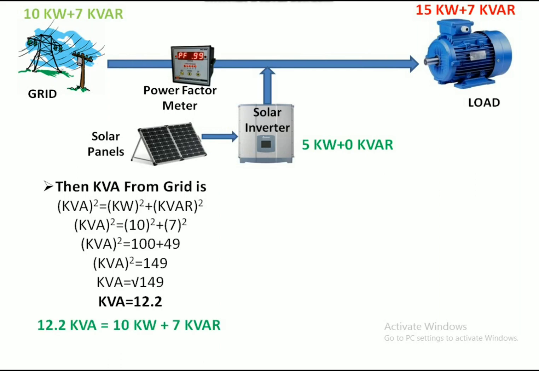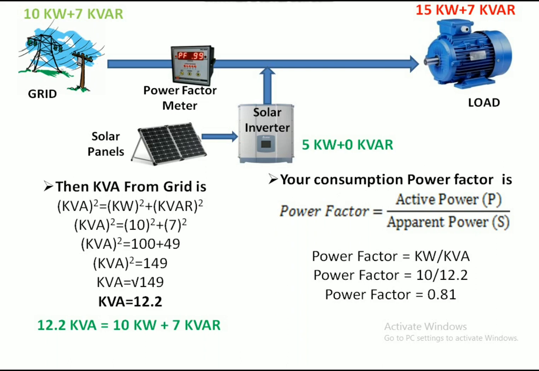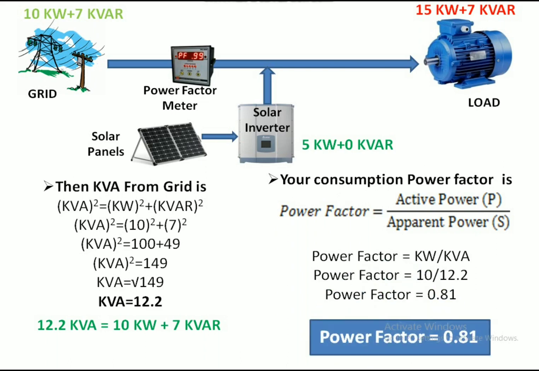So after installing the solar inverter, apparent power consumption from the grid is 12.2 kVA. Power factor is equal to active power divided by apparent power, so 10 kW divided by 12.2 kVA, which is 0.81. So for this case the power factor of the system is 0.81.